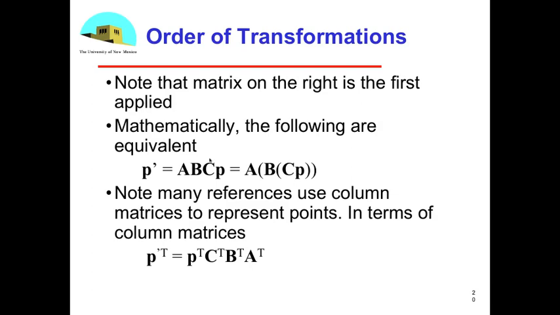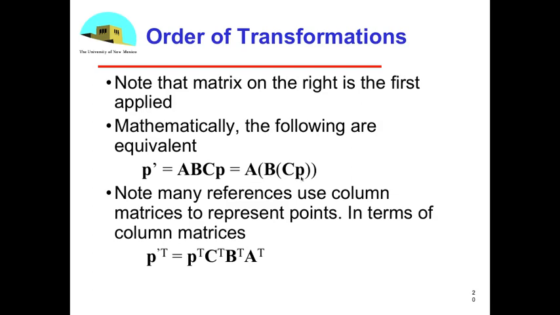Now you could apply the parentheses any way you want. What we said in the last slide is that you're going to form ABC and put it together probably in a single matrix. But suppose you look at it this way just for a second. If I put the parentheses this way, I'll get the same result. If I multiply C times P, I get a point. I multiply B times that result, I get a point.